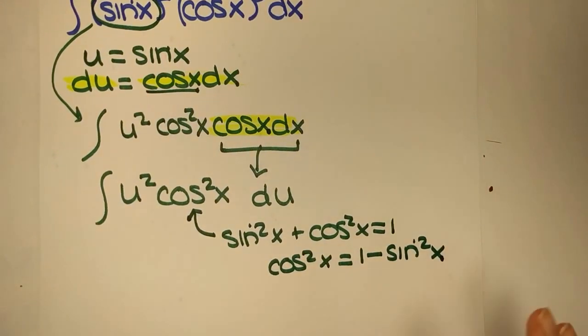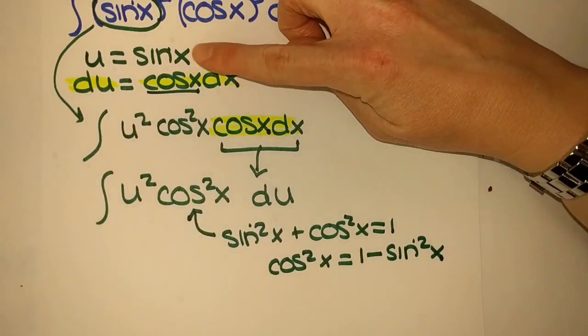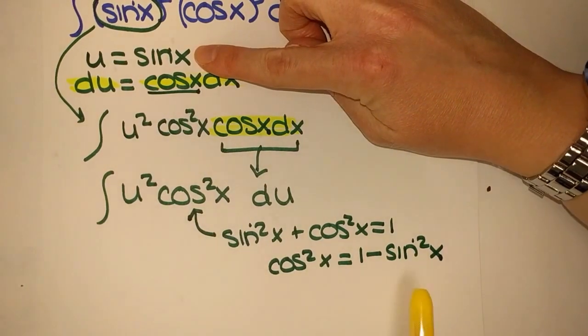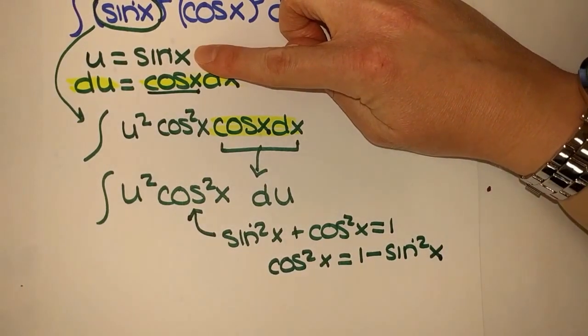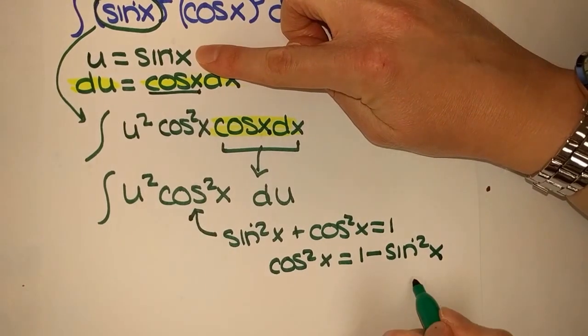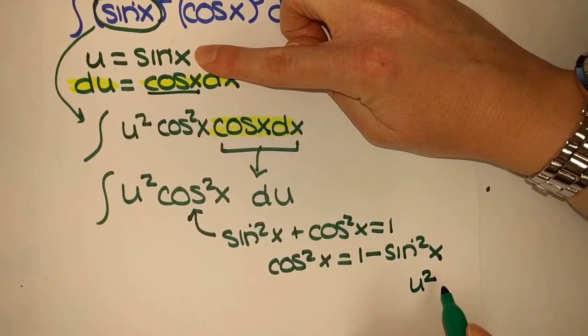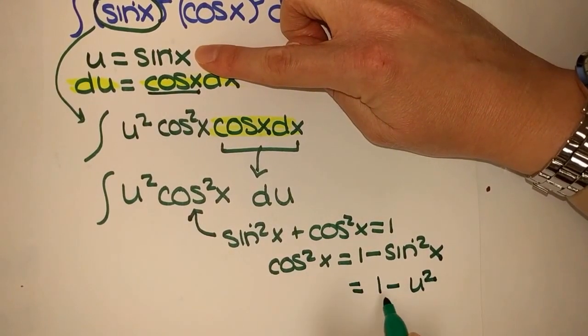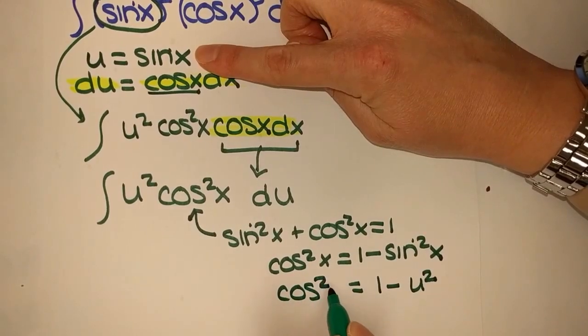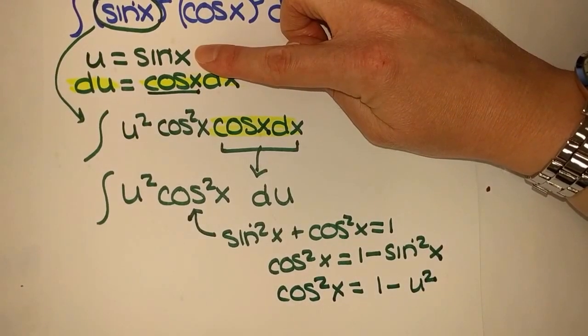Now, you really got to ask yourself, how is that even helpful? Well, remember that the goal is to get everything in terms of u. So u is equal to sine x, so this sine x squared would be the same as u squared. And then we'd have 1 minus u squared as our cosine squared x.